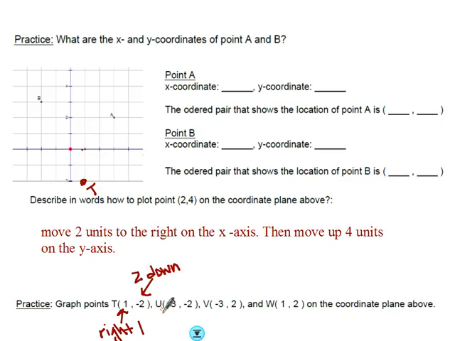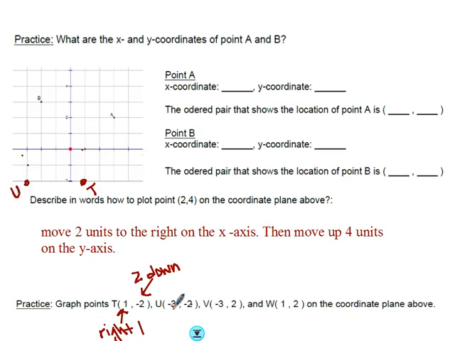Then the next point is U. Negative 3, so that means you're going to move left 3, 1, 2, 3 here. The y-coordinate is negative 2, so starting at negative 3, you're going to go down 2, 1, 2. And your point U is here.